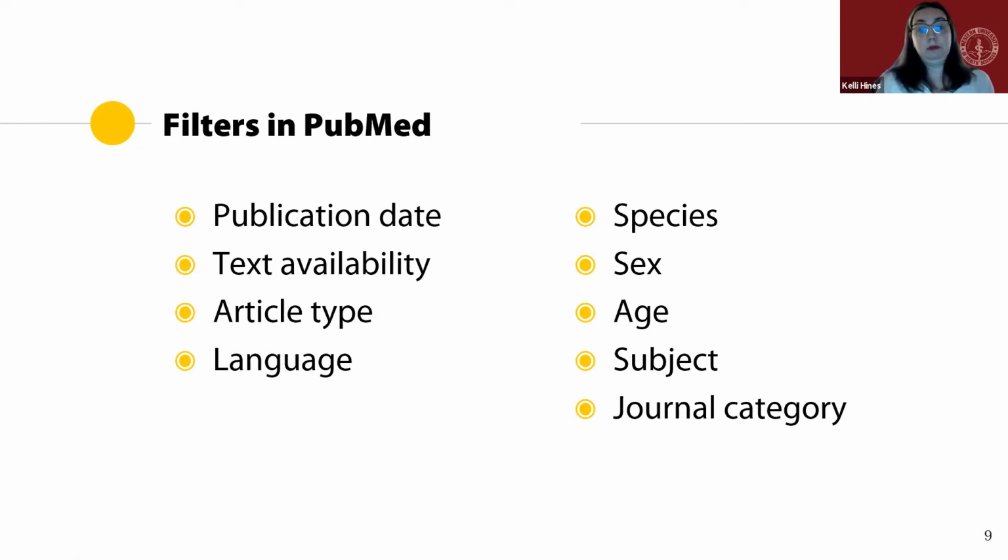Again, you can filter by article type, so by the type of study design and so forth. By language, by species. If you want to eliminate non-human studies, you can do that with that filter. You can limit by sex, age, and then also there are a few different subjects and journal categories that you can filter through as well.